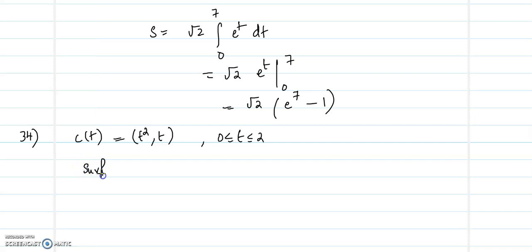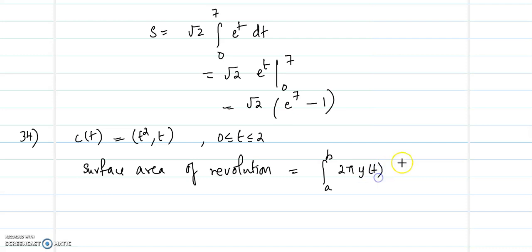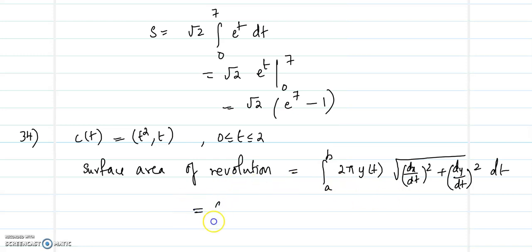So the surface area of revolution will be given by integral a to b of 2π y of t times root of (dx/dt) squared plus (dy/dt) squared dt. Now the limits will be from 0 to 2.